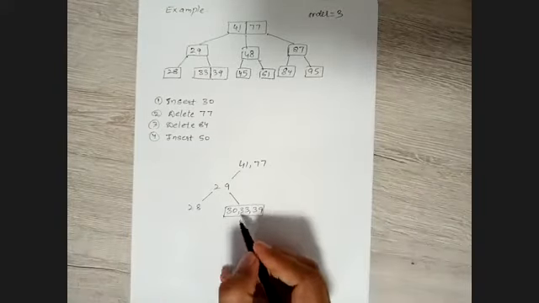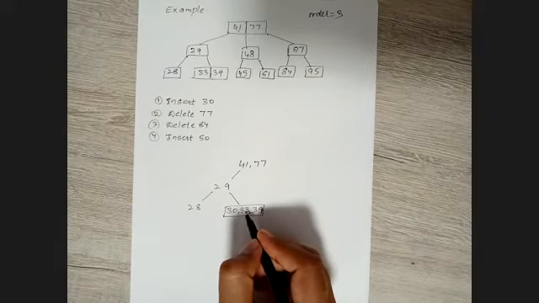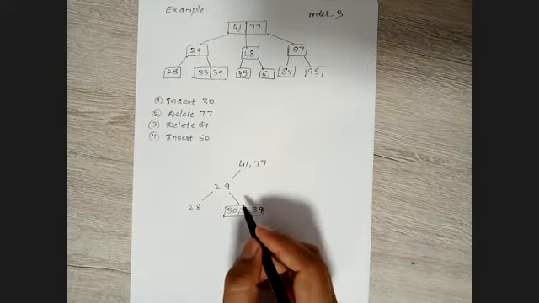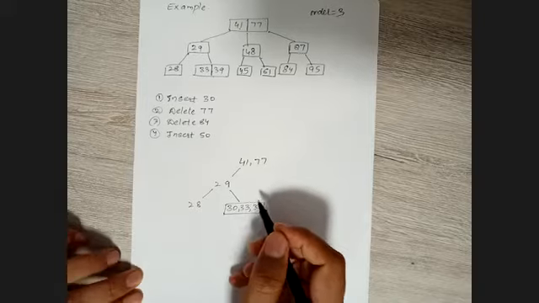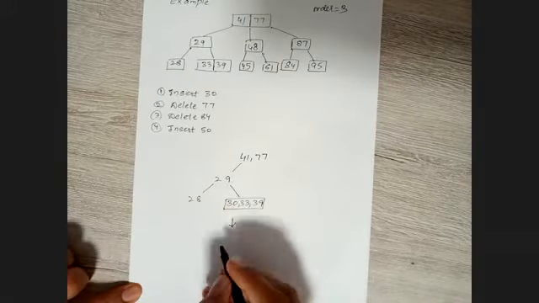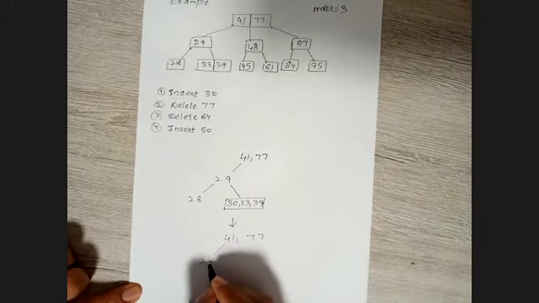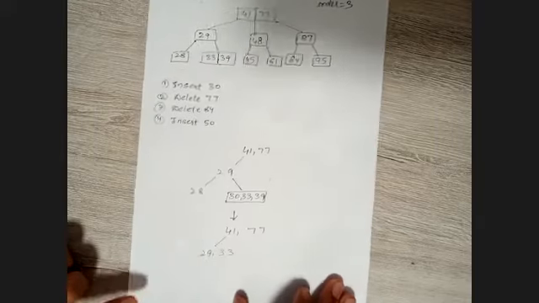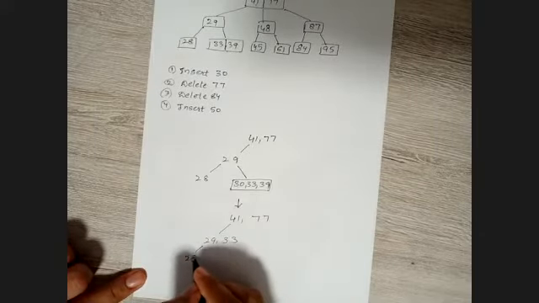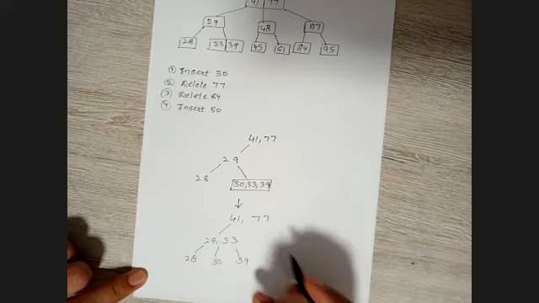So in this one, what we'll do is split the node. The middle key will move up to the parent, and then we'll split the node. So after this, 33 will go up with 29. We are left with 41, 77. On this side, we have 29 and 33, then we have 28 on this side, 30, and on this side, 39.